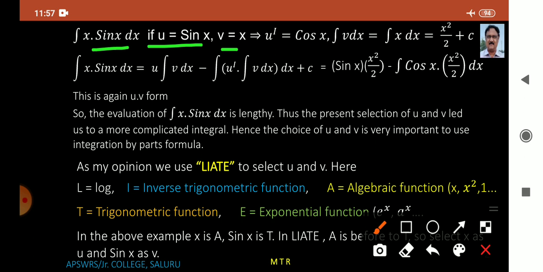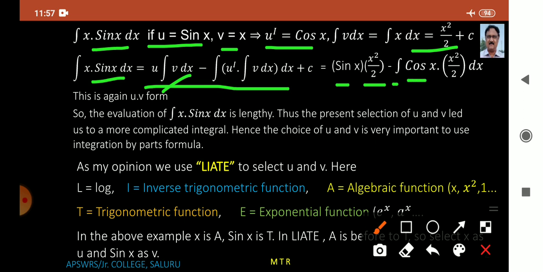Now u dash, the derivative of sin x, is cos x. Integral v, the integration of x, is x square by 2. Now integral x sin x dx, by the formula u integral v minus integral u dash into integral v dx, is sin x into x square by 2 minus integral of cos x into x square by 2.